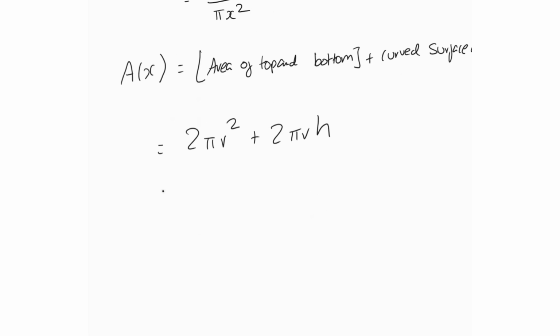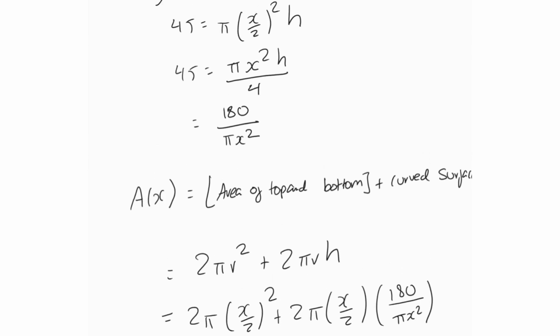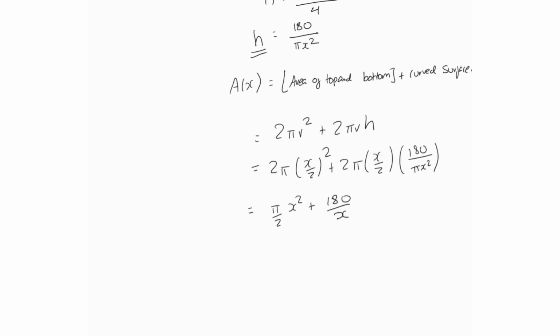So again here, 2 pi x over 2 the whole squared plus 2 pi into x over 2 into 180 over pi x squared, as this, as we found out here, is your height. So after putting all this together, you'd simply get pi over 2 x squared plus 180 over x.